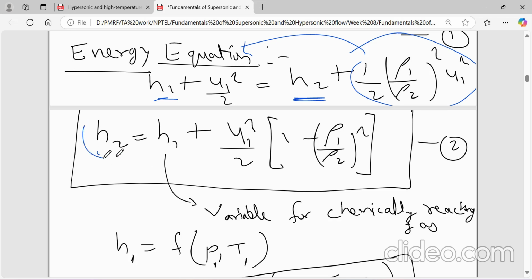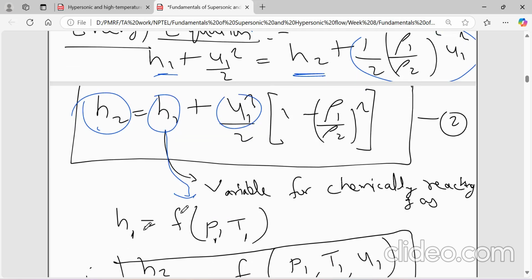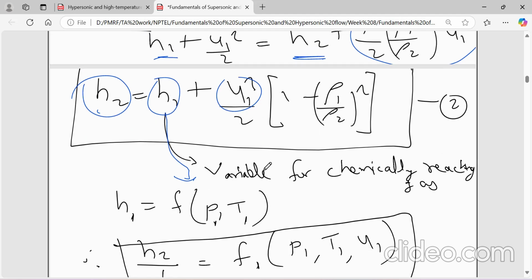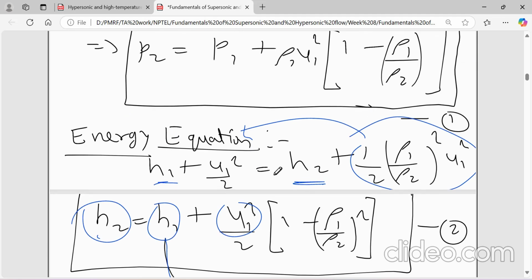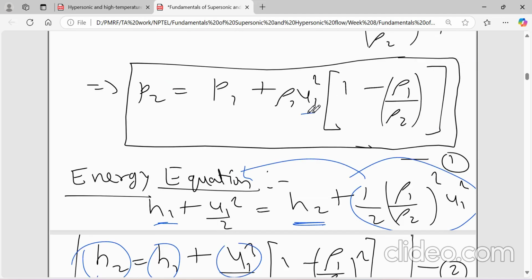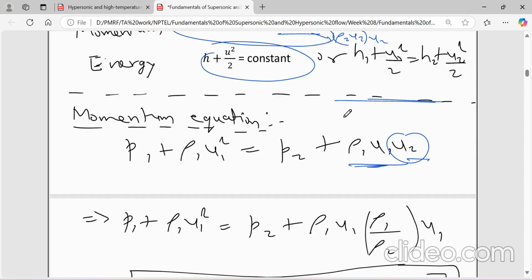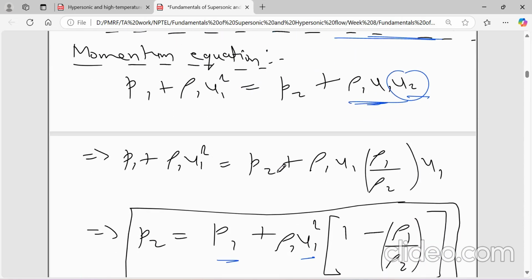So for finding h2, it depends on h1, u1 and ρ1 by ρ2. And h1 is nothing but a function of pressure and temperature, p1 and T1. So it becomes a function of p1, T1, u1 and ρ1 by ρ2. If you see from the pressure equation, if you know u1 and p1, then you will get this ρ1 by ρ2 also by using all these relations.